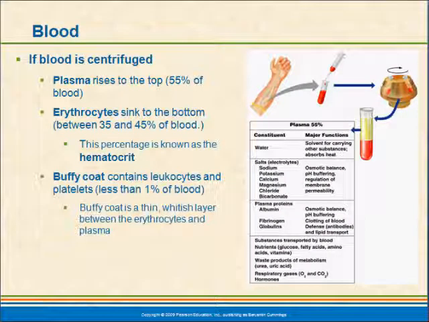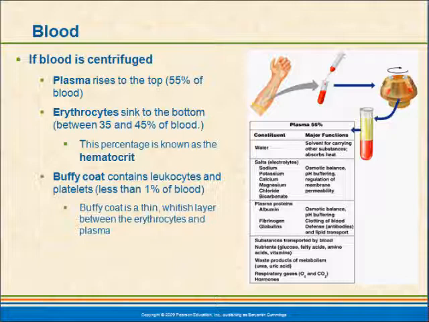Now, if you were to take a sample of blood and centrifuge it, that is, if you were to spin it at a very high speed, what would happen is that the heavier elements would sink to the bottom. This would include the erythrocytes, which are the heaviest portion, in part because they contain lots of protein and iron, and that would actually make about 35 to 45% of the blood.